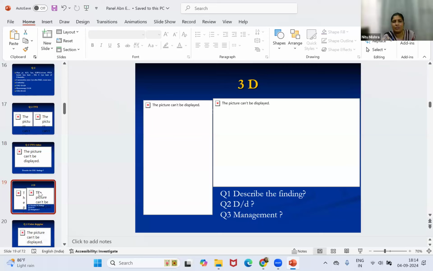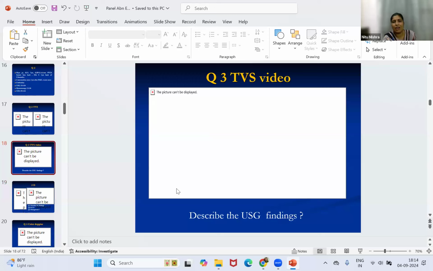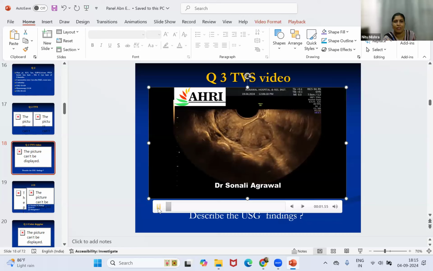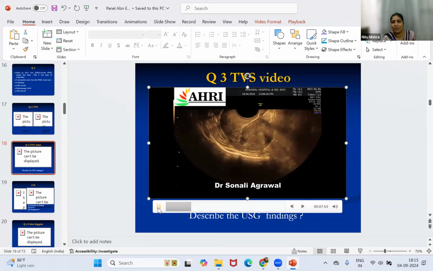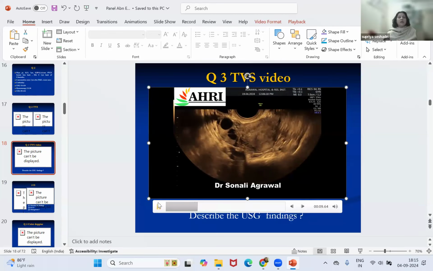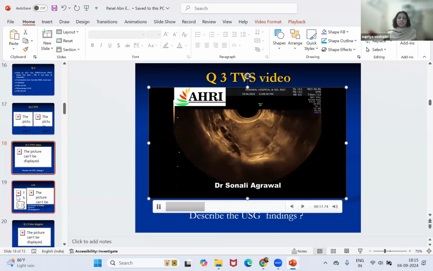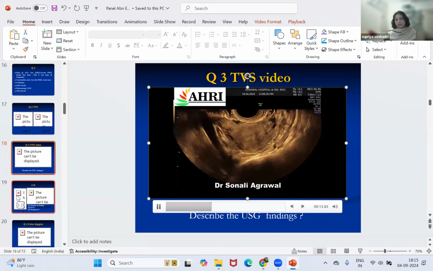I have one question for Supriya ma'am. When we see this type of patchy endometrium, how do we measure and report the endometrial thickness? The maximum thickness or the minimum thickness? Endometrial thickness is always the maximum diameter in the anteroposterior plane.